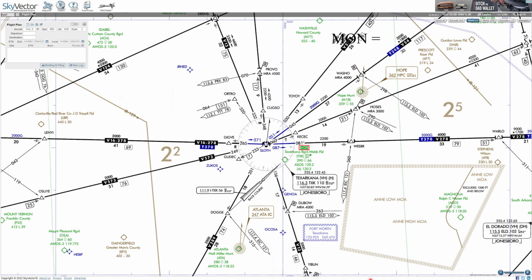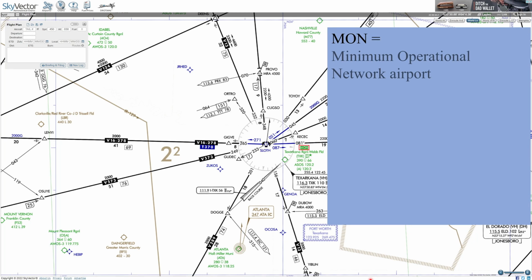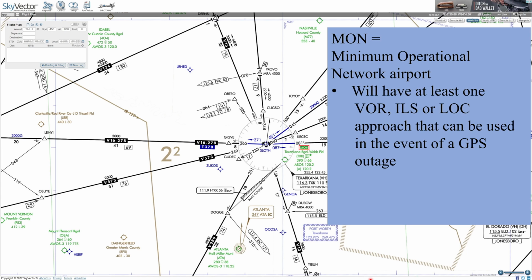At the top, you'll notice it has a little identifier that says MON. What this means is that this airport is part of the minimum operational network. This is a network of airports that have at least one VOR, ILS, or localizer approach that can be used in the event that there is a GPS outage. So basically, they're keeping some of the older navaids and older approaches active just in case there is a GPS outage.